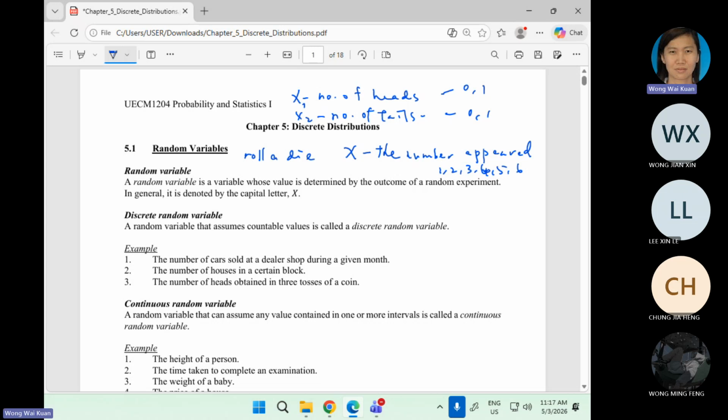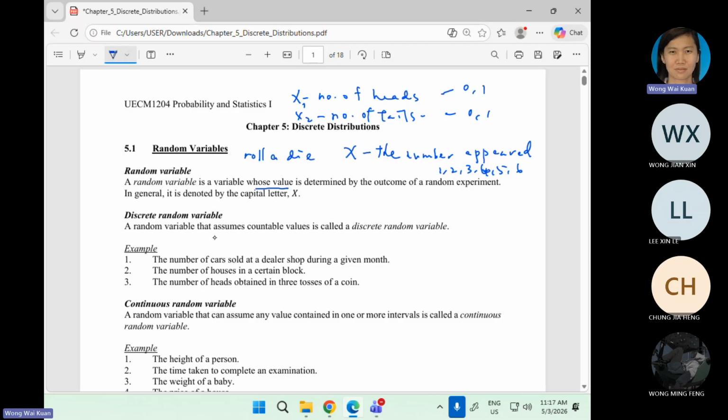Okay? So that's why this is a random variable. Then we can have the value. How can I know the answer? It's from the outcome of a random experiment.